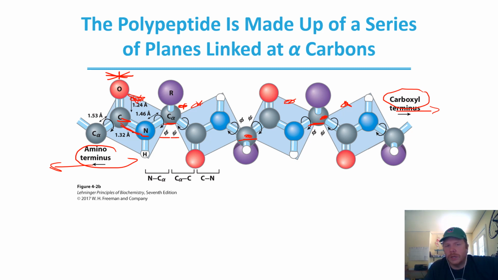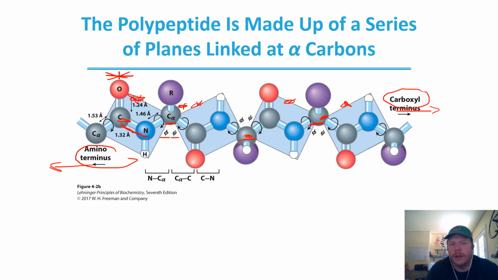It can also rotate because of the psi angle, but it's kind of challenging to wrap your mind around. What I want you to think about is that all of the atoms within a peptide bond are in the exact same plane. You have rotations about two different bonds, the phi and the psi.